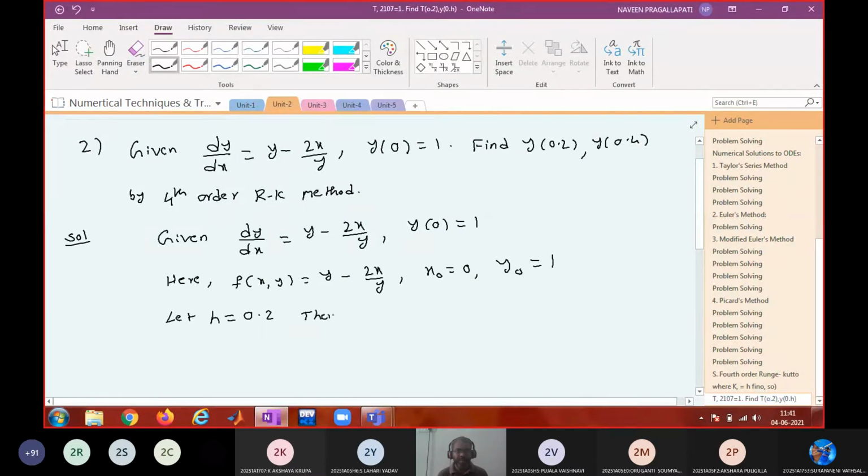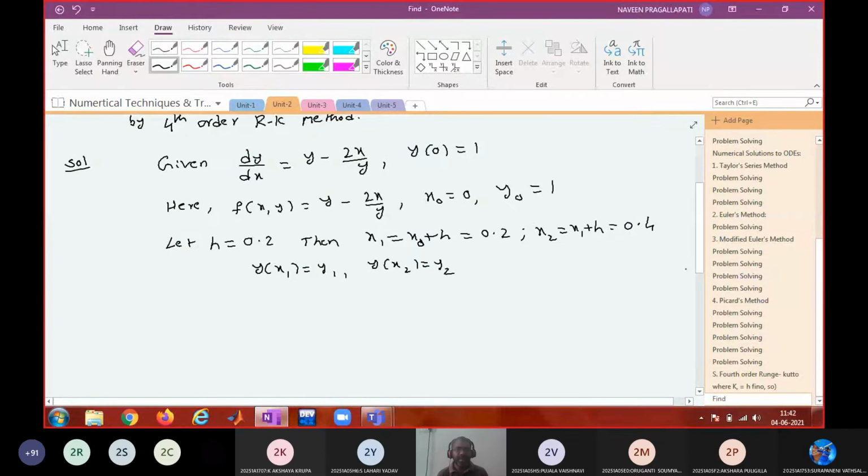Then x1 is equal to x naught plus h, which is equal to 0.2. x2 is equal to x1 plus h, which is equal to 0.4. y of x1 equals y1, y of x2 equals y2.